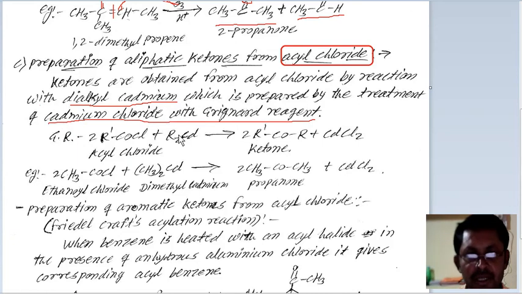How is it formed? When cadmium chloride reacts with Grignard reagent, we get R2Cd. That dialkyl cadmium, when reacted with acyl chloride, gives a ketone with byproduct cadmium chloride. It is a general reaction.